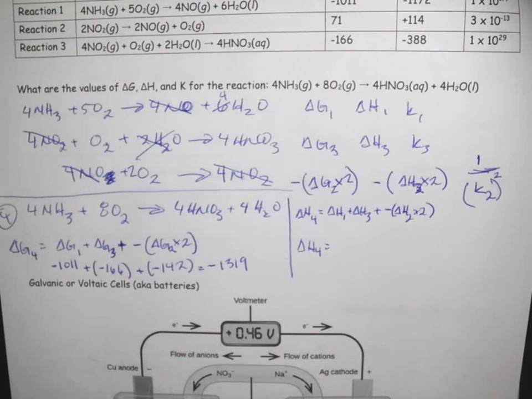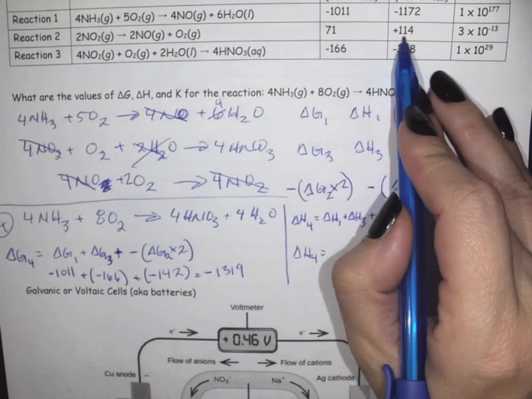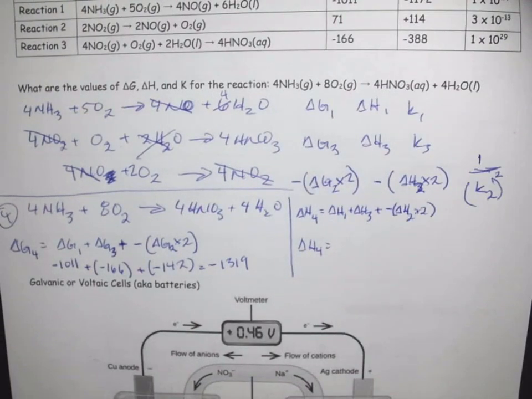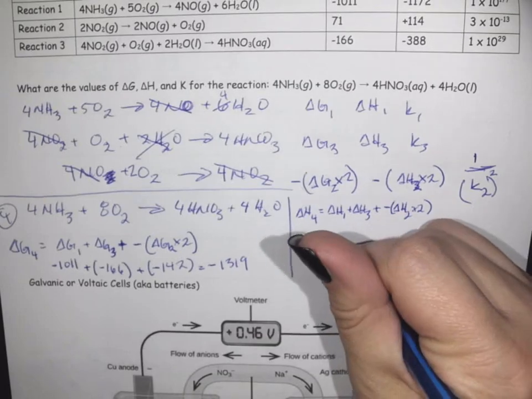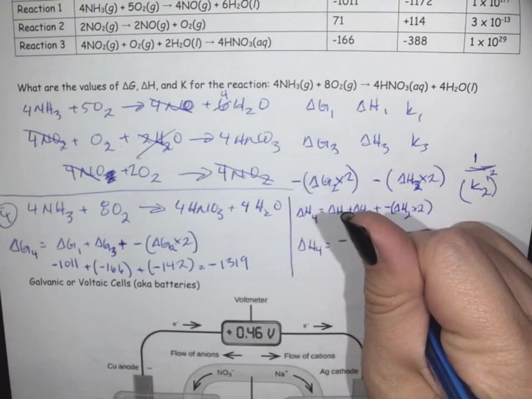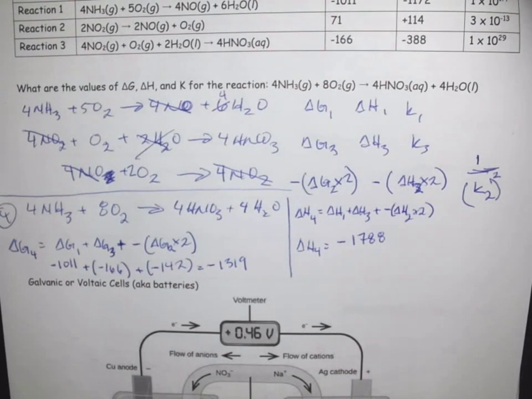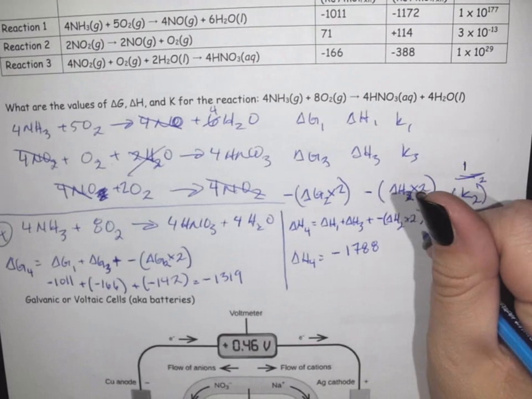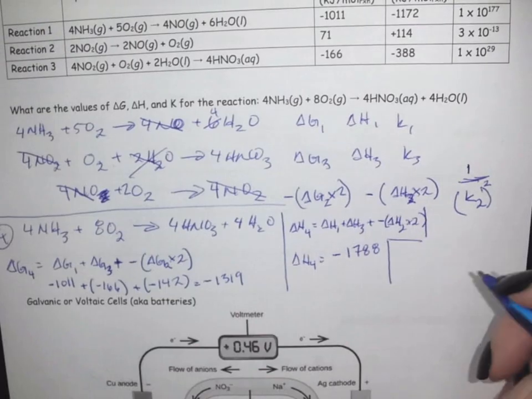But the whole thing that I doubled is also going to be negative, and so that means I get negative 1,788 kilojoules per mole of reaction. And then the last one, the K values.